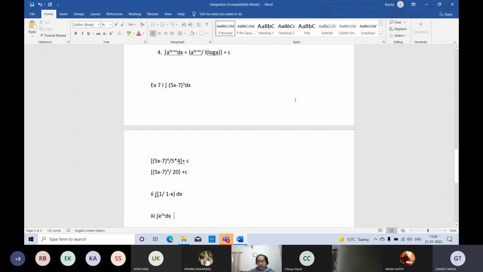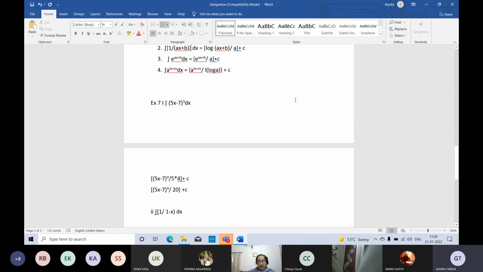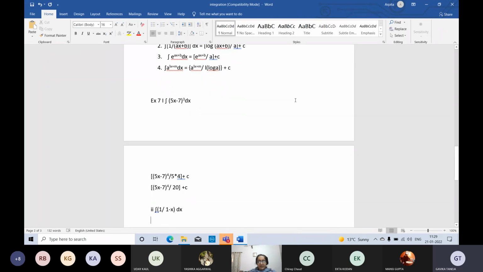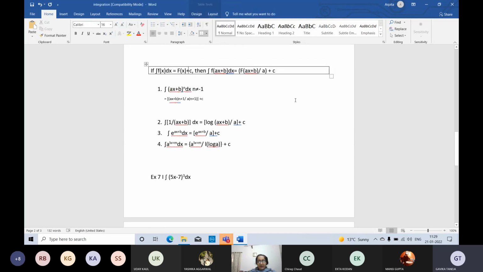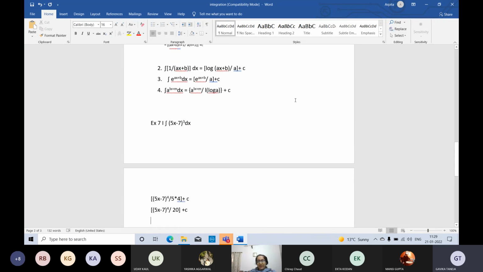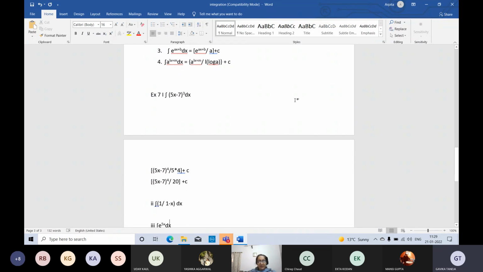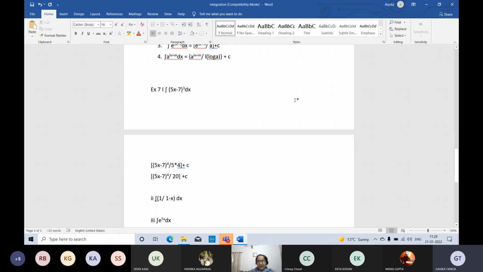Now, if I go up, we see this is the formula that we have, e to the power 5x upon 5 plus c. The third one, can you see that? Simply you have to apply the third one, e to the power 5x upon 5 plus c. Is this clear, guys? Just let me know, I'll wait.